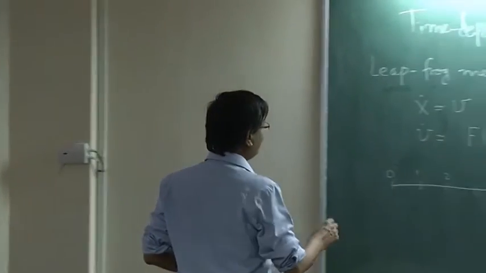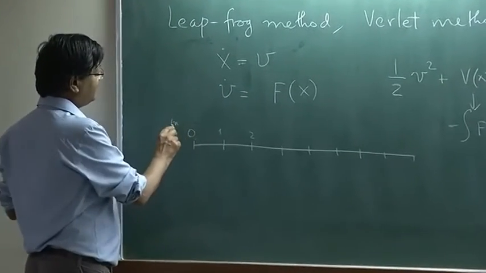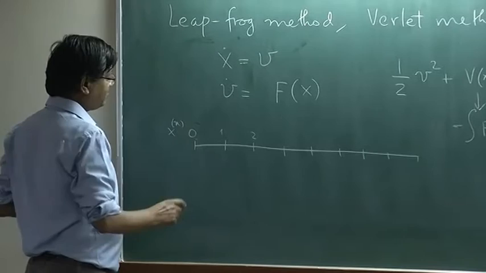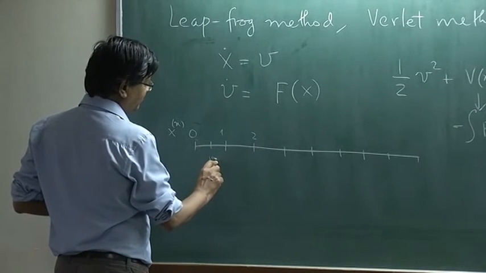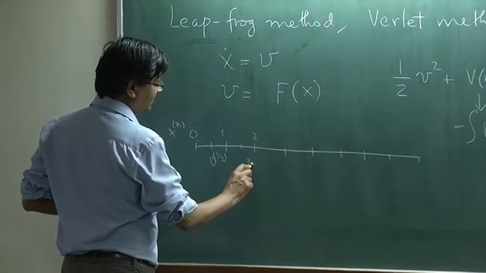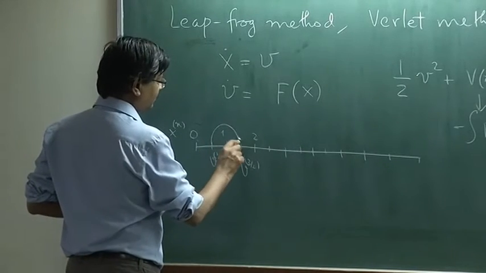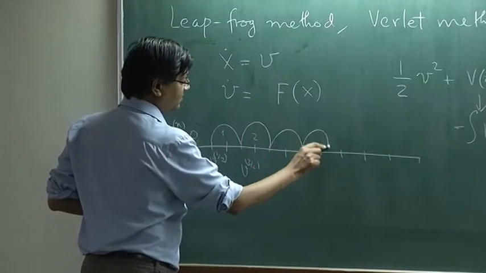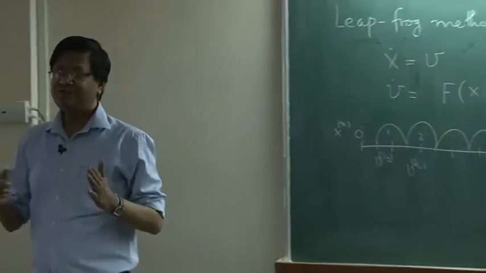This is where I store x_n, n is the time index, but my velocity is stored at the midpoint. So this will be v at 1/2, v at 3/2, like this. So velocity is stored here. This is very similar to the staggered grid we did. The staggered grid has an advantage.